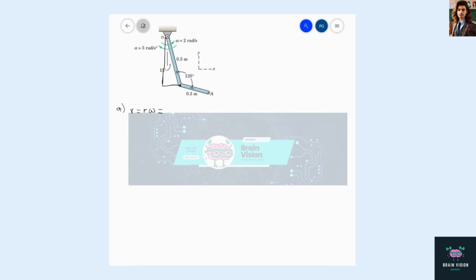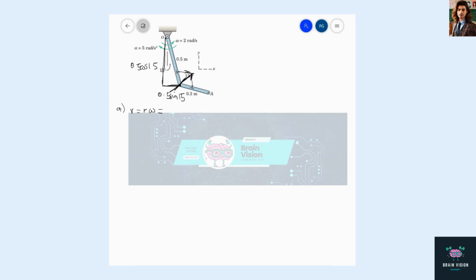At this point, the velocity will be directed towards this direction because the angular velocity is going counterclockwise. And this horizontal side of the triangle is going to be 0.5 cos 15, and this is going to be 0.5 sine 15.